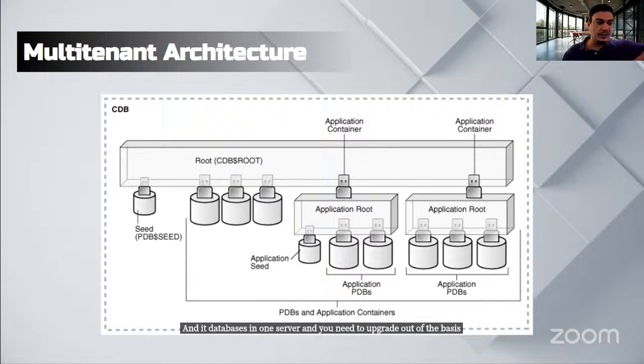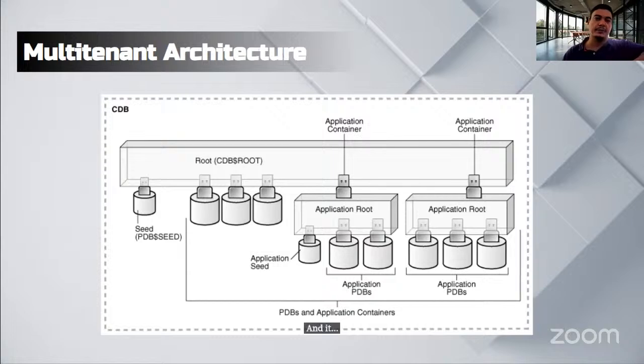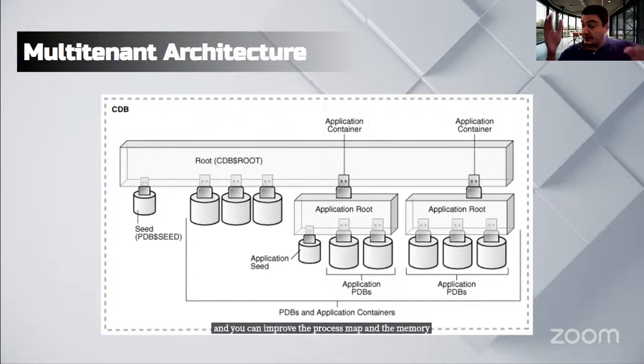You must update server by server, and it is very expensive because it requires many people, much infrastructure, and so on. In this architecture, you can have many databases inside the same server, and you can improve the processing and the memory of these databases by adding more machines or virtual machines in the same cluster.